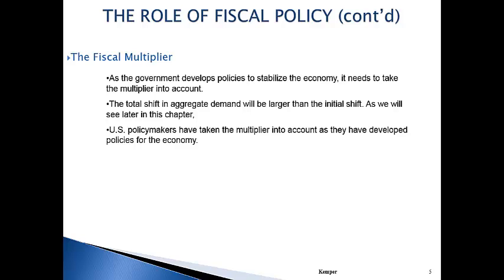What the policymakers need to account for is that there's a ripple effect throughout the economy whenever they make a policy change, specifically when we're talking about household income.